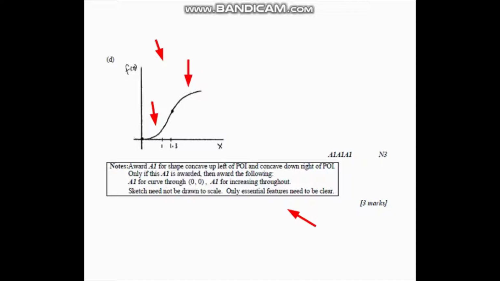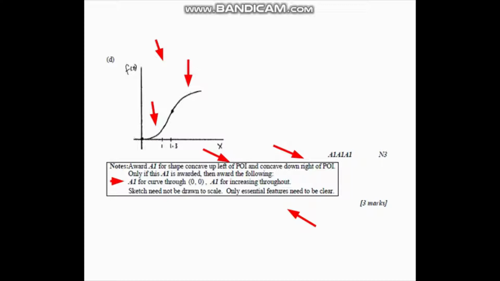There are 3 marks awarded for the sketch. You want concave up left of the point of inflection and concave down right of the point of inflection. So basically a smile before inflection and a frown after inflection. And they've awarded another mark for a curve that passes through the origin, because we know that f of 0 equals 0, as we said before: when x is 0, y is 0.